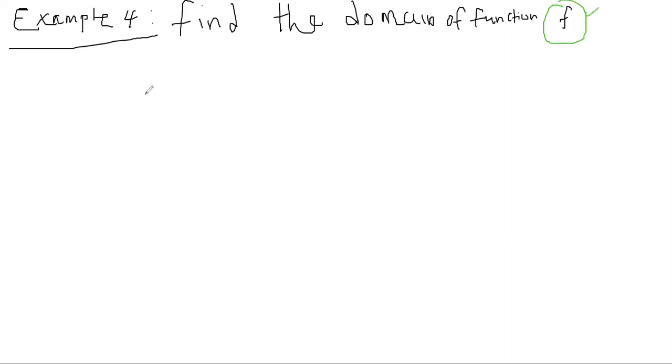So let's say the function f of t equals the square root of t minus 2. Remember that we always use x, but in this one we are using t.